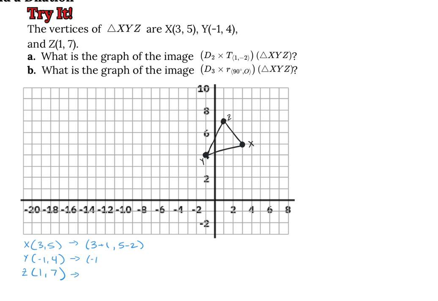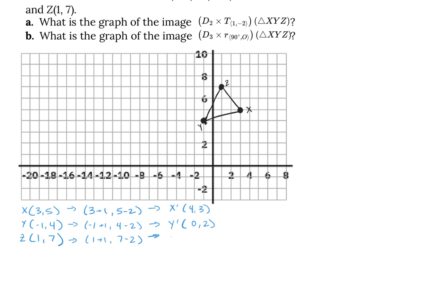Oh, I did that wrong. So X prime will end up being 4, 3. Y prime 0, 2. And Z prime 2, 5.